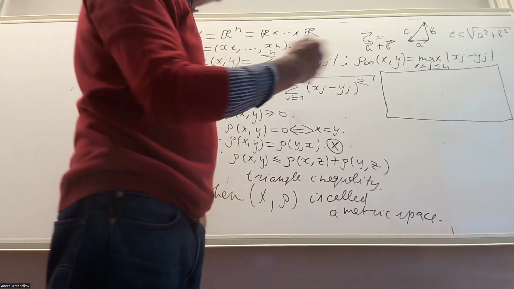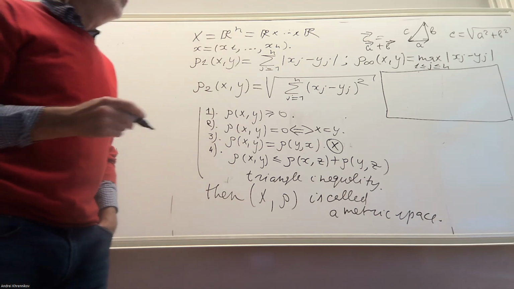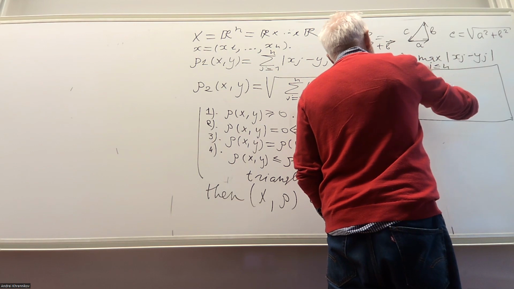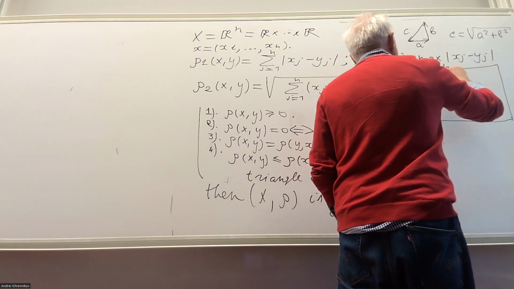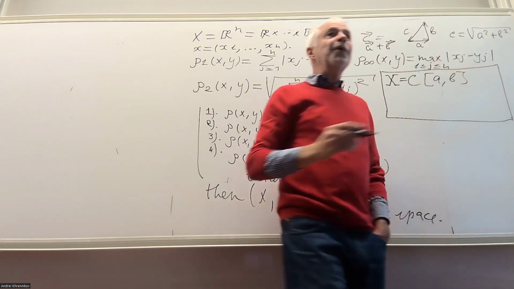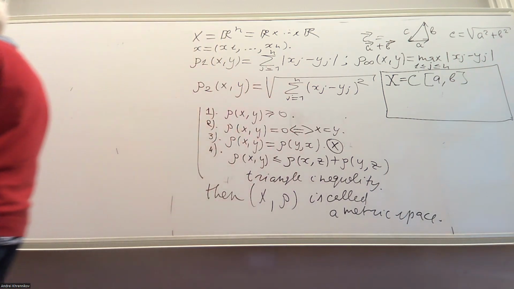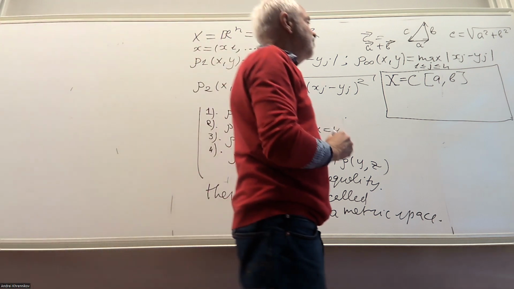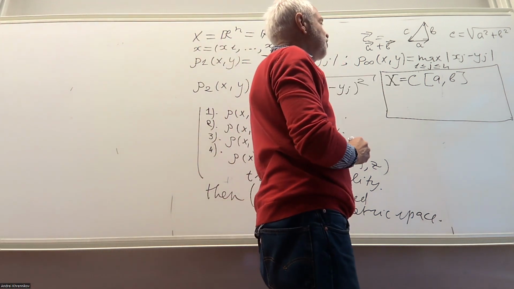But this is an example which illustrates where we want to work. Consider the space of continuous functions from segment [a, b] to the real line. So points are functions. Each point of the space is a function.